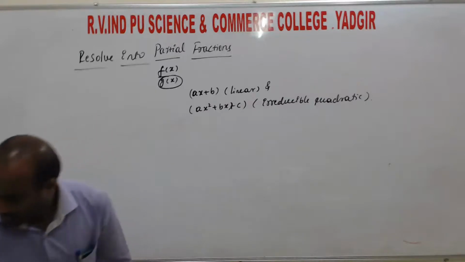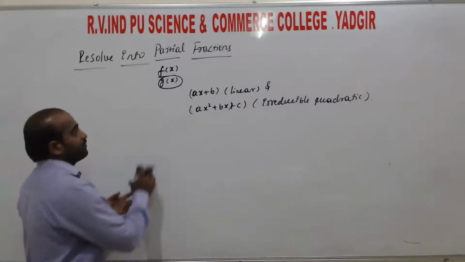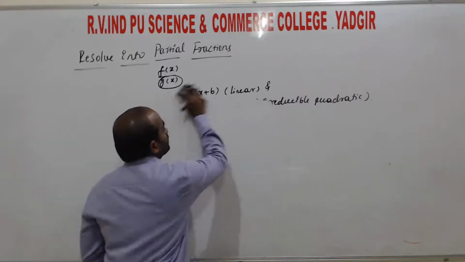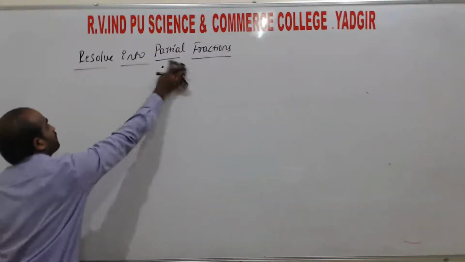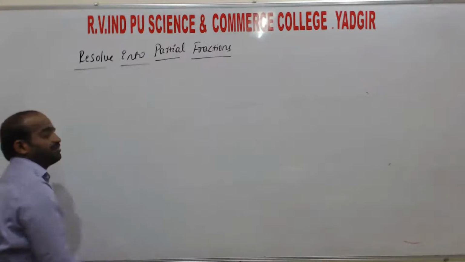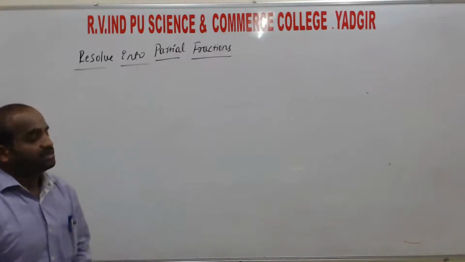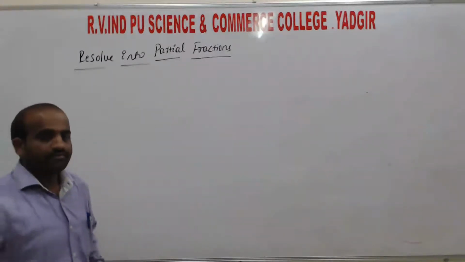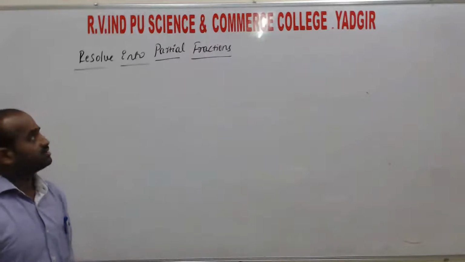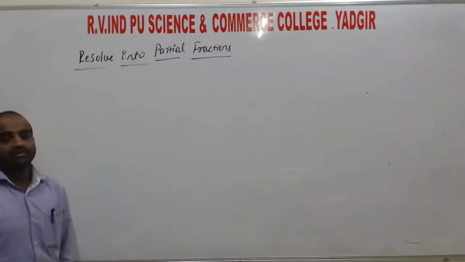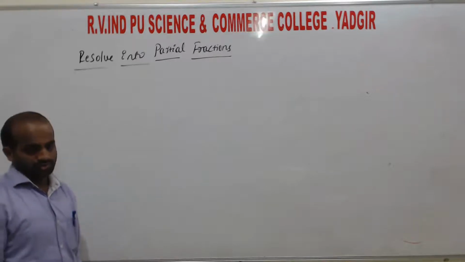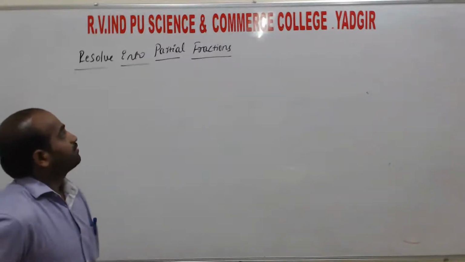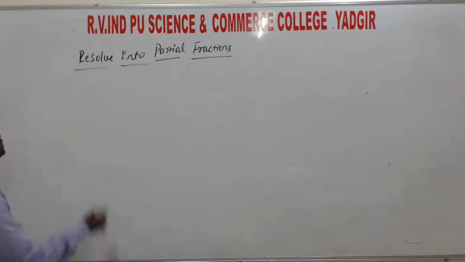Next, a proper fraction can be expressed as a sum of partial fractions according to the following rules.